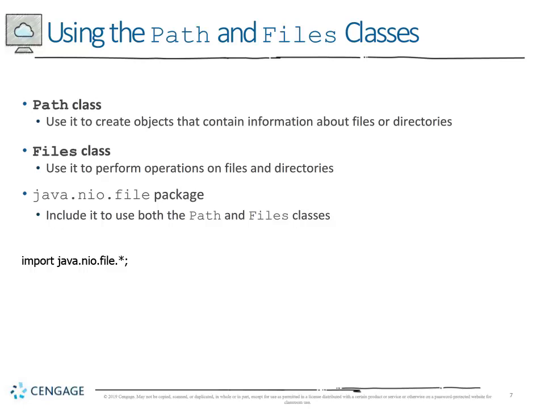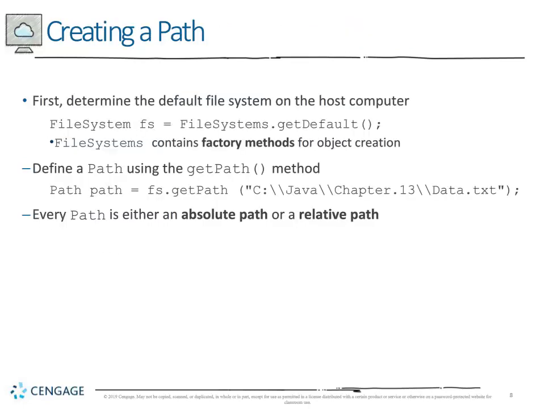To create a path, you first determine the default file system on the host computer by using a statement such as the following: FileSystem fs = FileSystems.getDefault(). So this statement creates a FileSystem object using the getDefault method in the FileSystems class.